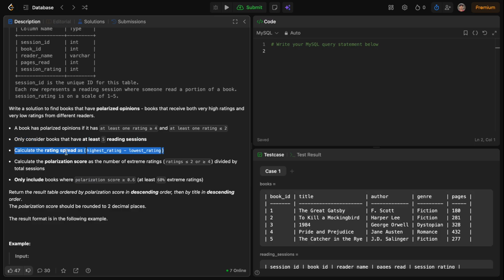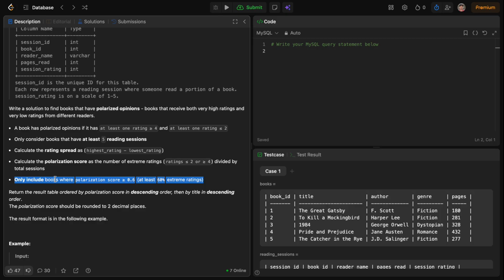Calculate the rating spread as the highest rating minus the lowest rating, and the polarization score as the number of extreme ratings, which are less than or equal to 2 or greater than or equal to 4, divided by total sessions. Only include books where the polarization score is greater than 0.6, at least 60%.